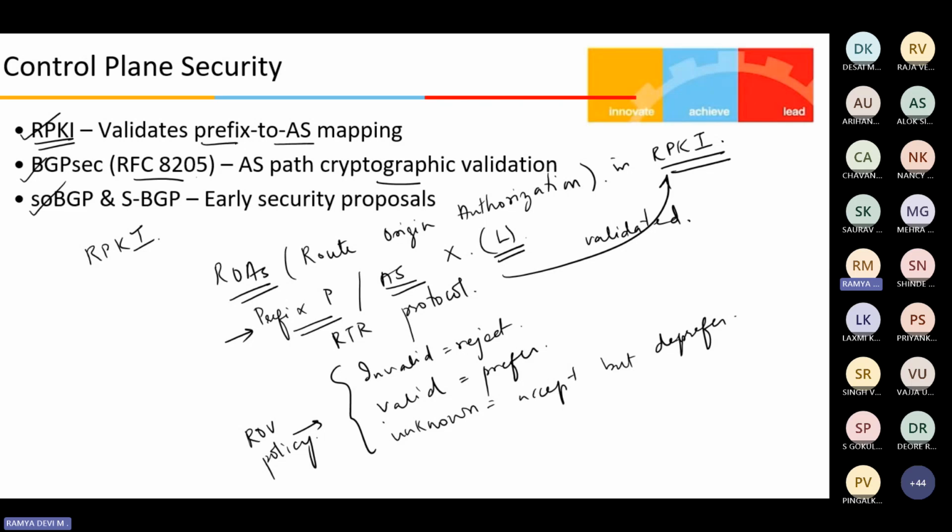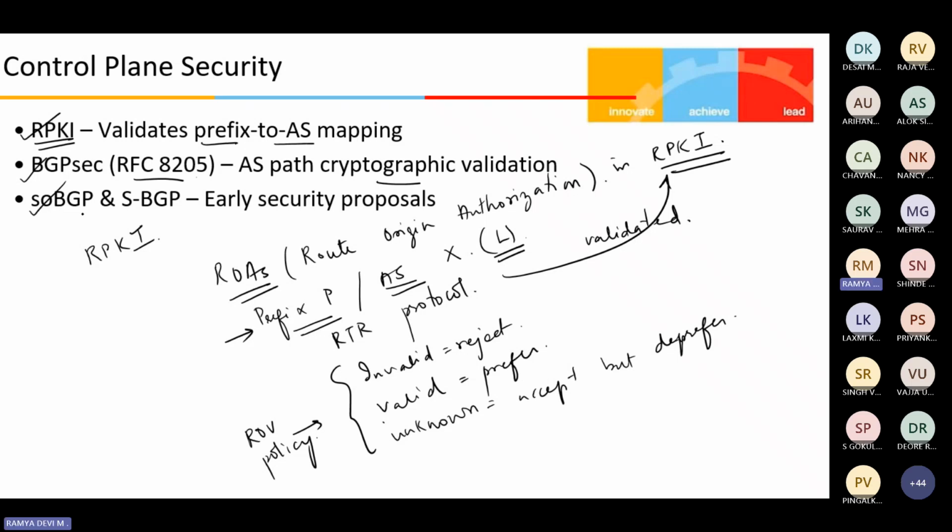It maintains RPKI BGPsec router certificates, keeps the keys rotated and secure. So strong path integrity can be given with the help of cryptography, which reduces the risk.